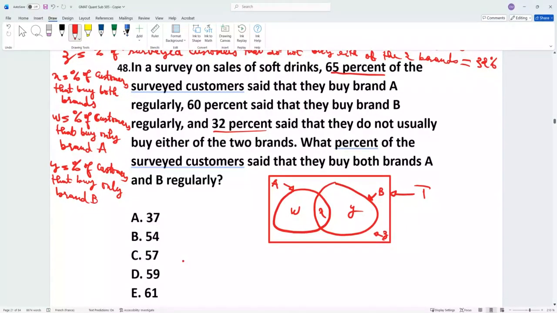So T is the total. So we know that the total here is 100%.